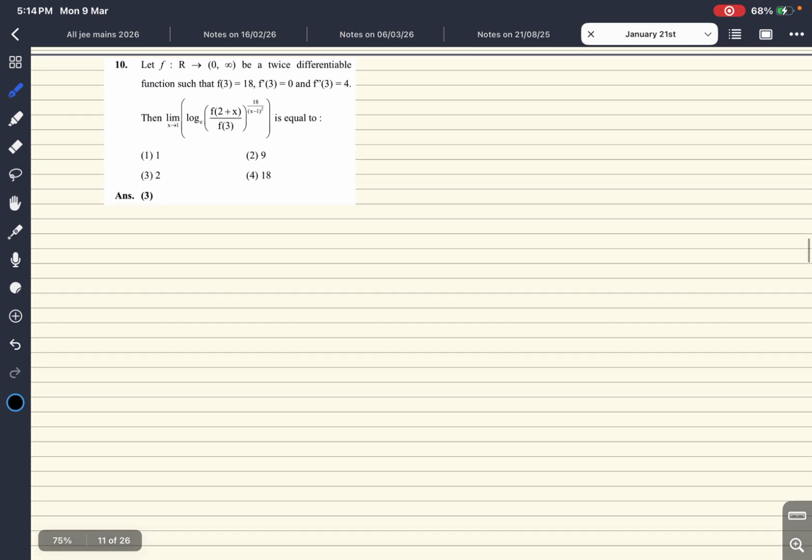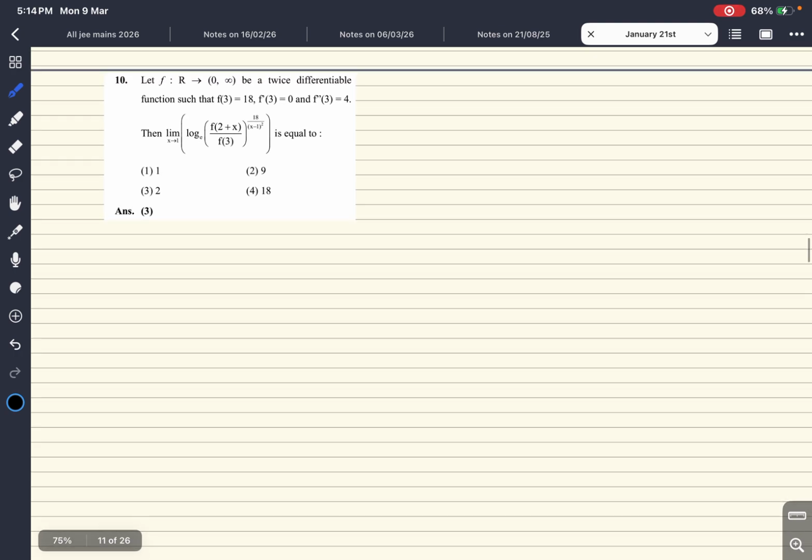Easy question. Now next, a function is given: f from 0 to infinity be a twice differentiable function such that f of 3 is equal to 18, f dash of 3 is 0, and f double dash of 3 is 4. So you have to find the limit x tends to 1 of ln of this thing.